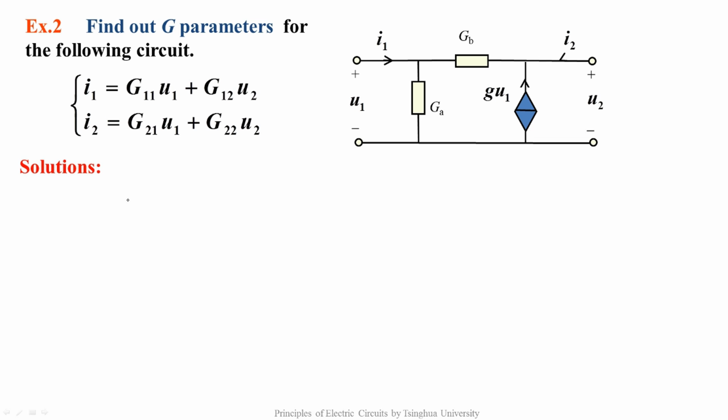I1 equals the current through GA plus the current through GB. They are GA times U1 and GB times U1 minus U2, respectively.